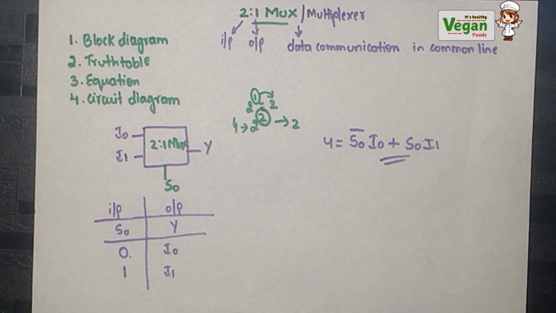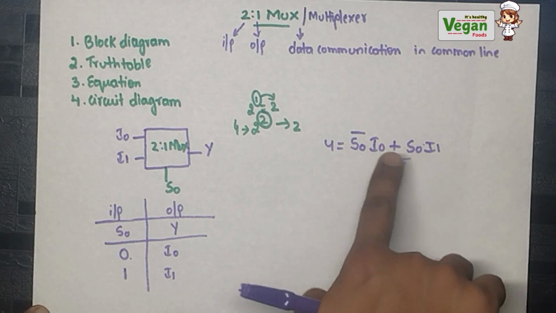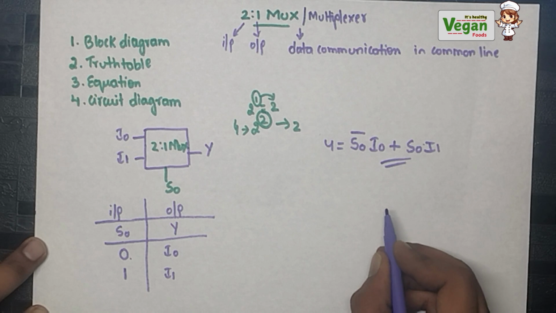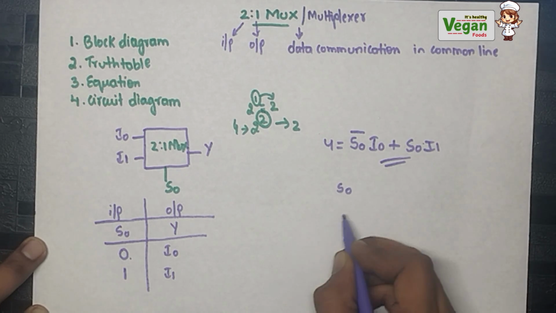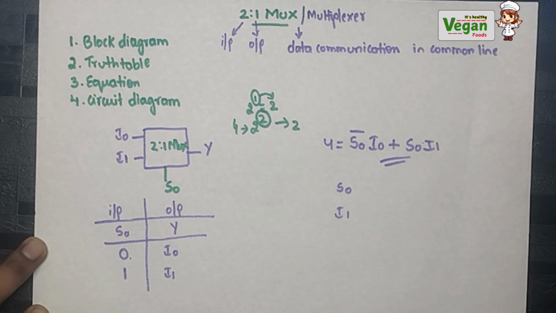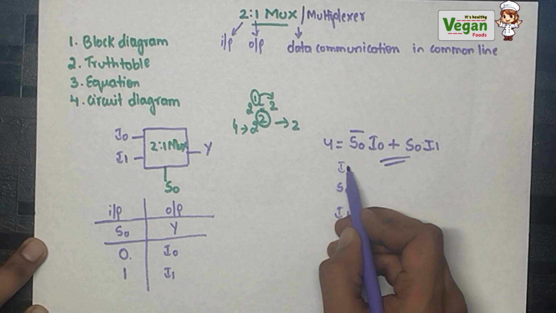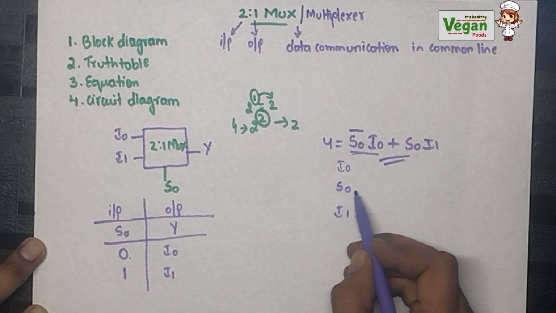Now using this characteristic equation, let's design the circuit diagram. To design the circuit diagram, we see what my inputs are. S0, I0 and I1 are required. S0 and I1 represent this term, and S0 and I0 represent this one. First let's represent S0 bar.